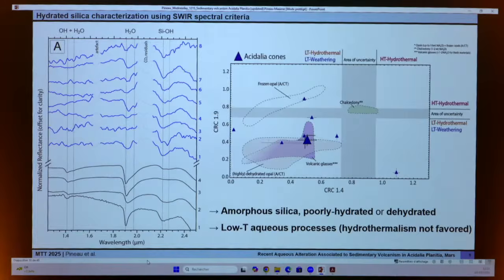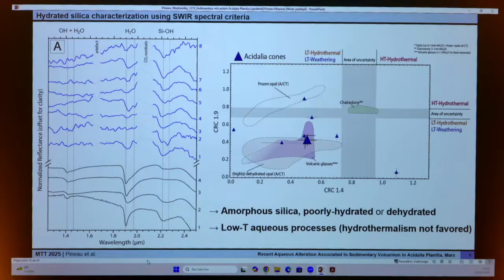And on the right, there is a classification diagram where we compute some spectral criteria that are able to quantify the shape of the 1.4 and 1.9 absorptions. What we can see is that the Acidalia cones are rather associated with the bottom left corner of the diagram. And this is diagnostic of silica that was formed through low-temperature processes, probably below 60 degrees Celsius, rather than hydrothermal activity, because we don't have data in the top right corner.